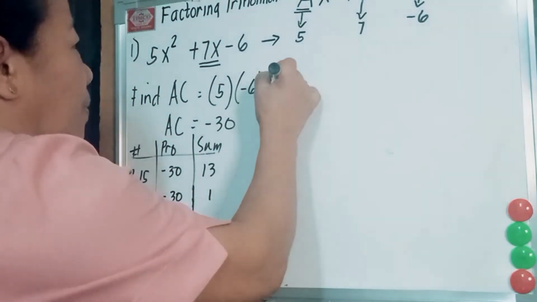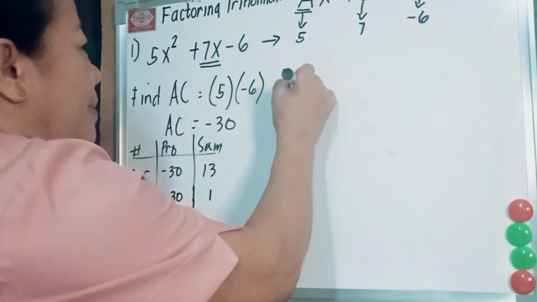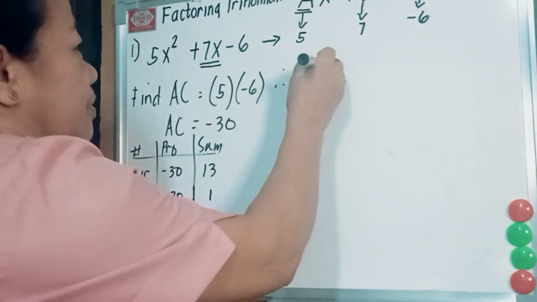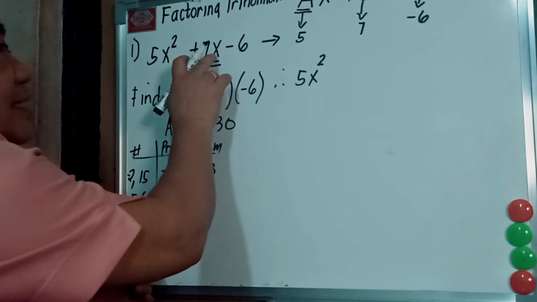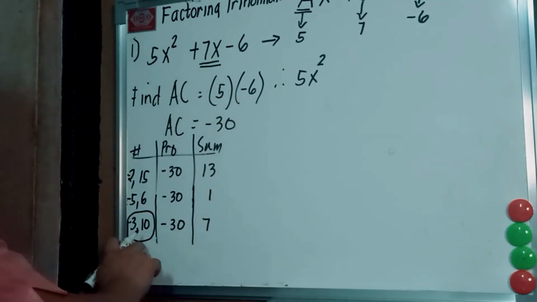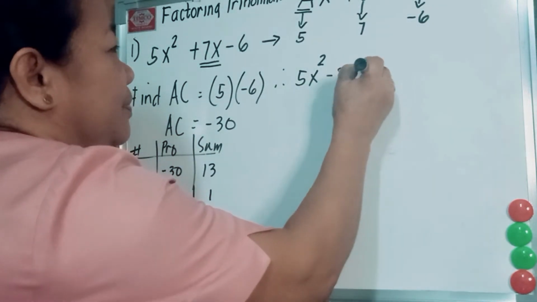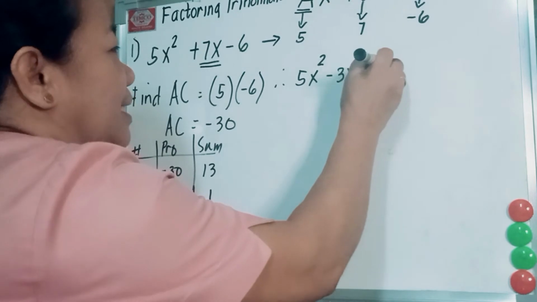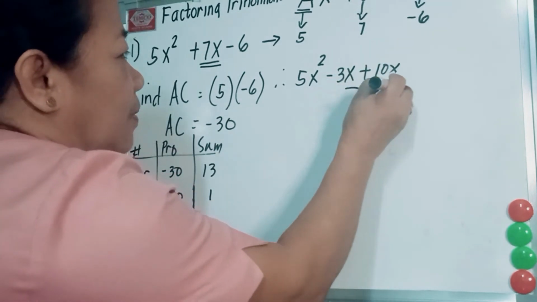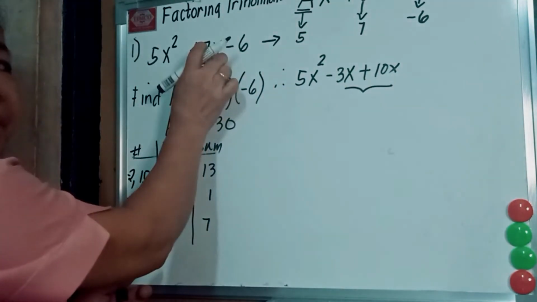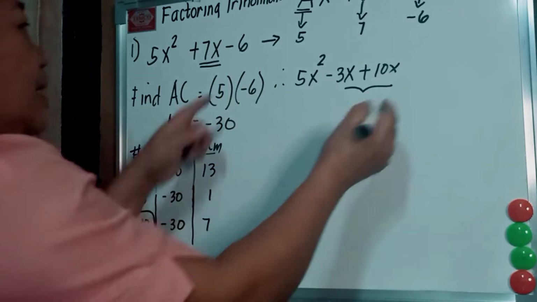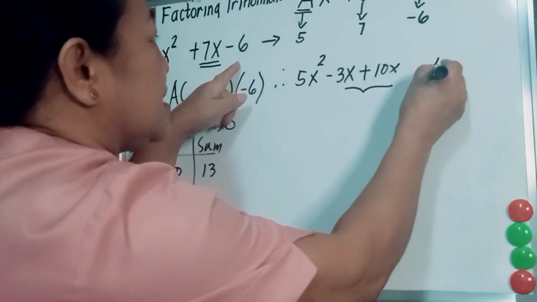So, therefore, you can have now 5x squared. So, instead of writing 7x, we have to use negative 3 and 10. So, minus 3x plus 10x. So, this is equal to the middle term 7x. So, minus 6.